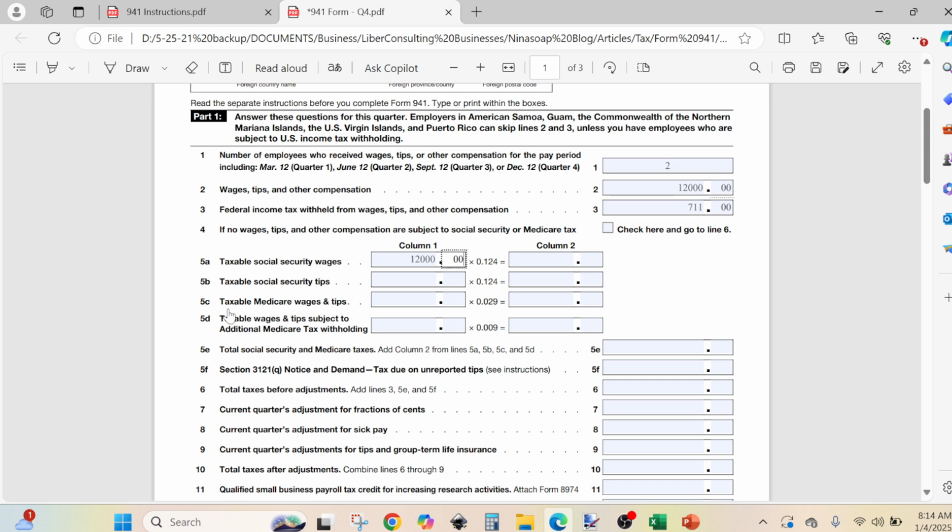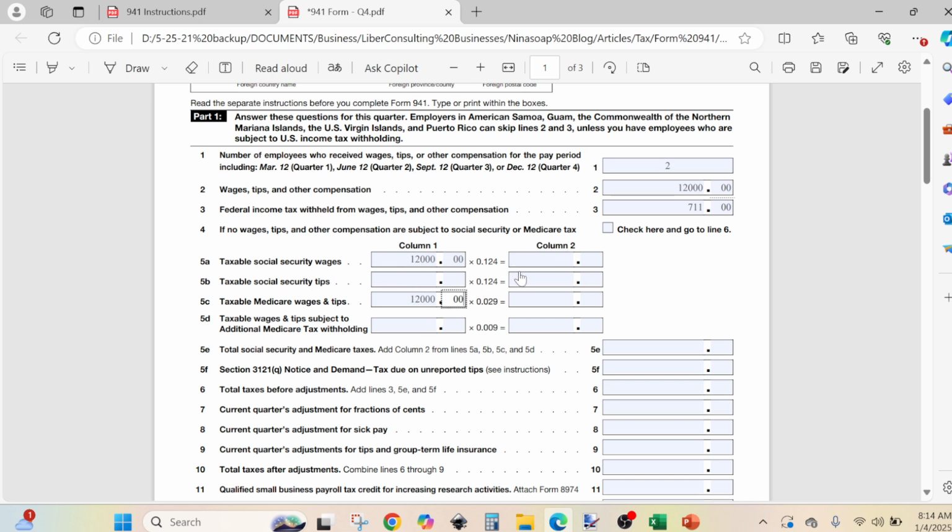Line 5c, taxable Medicare wages and tips, is going to be that same number, 12,000 as well, because it is on that 12,000 that Medicare tax was withheld in this example. So that is column 1.